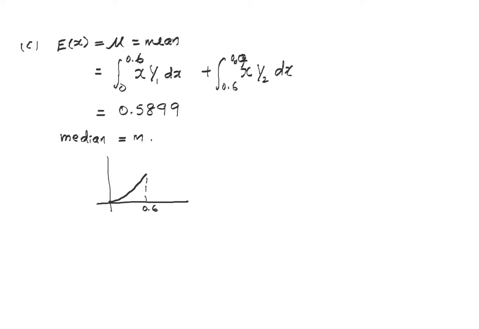I have two different functions, correct? So I have to check first. I have to check what is the probability for this one. I have to make some checking first.